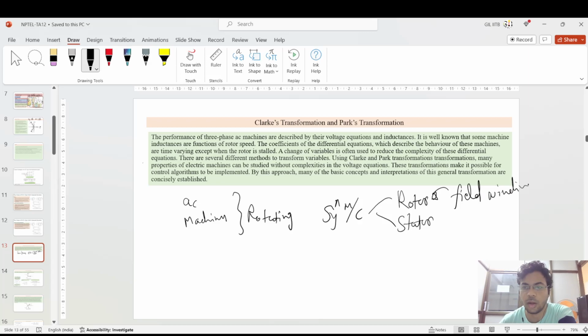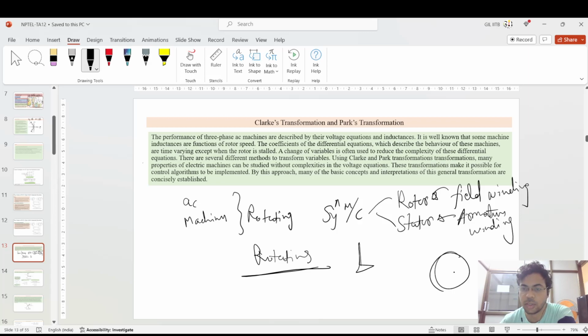On the rotor you have a field winding, and on the stator you have armature winding. And this whole system is in a rotating frame. So if this whole system is rotating, it becomes very difficult for any control algorithm to be implemented in this rotating frame.